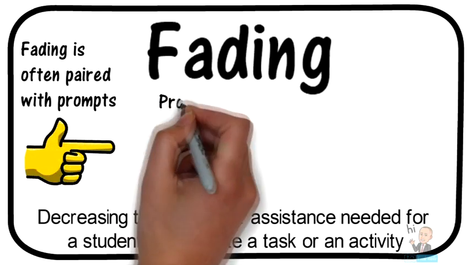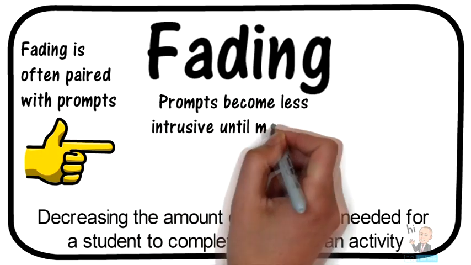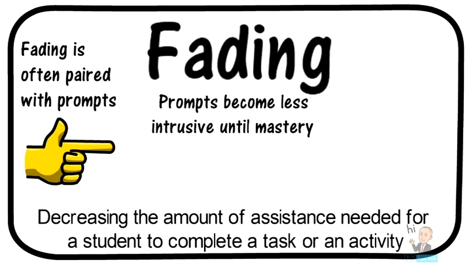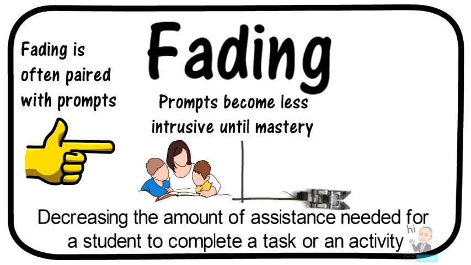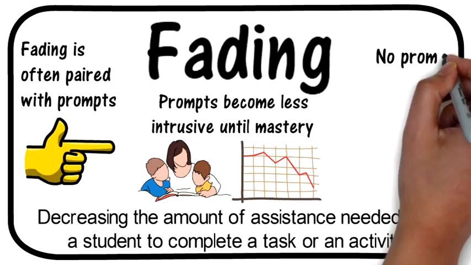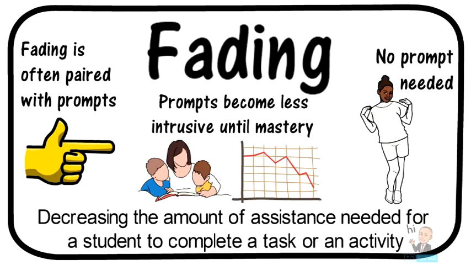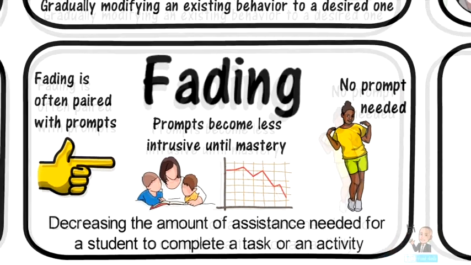The prompt becomes less and less intrusive until mastery. While teaching a child to read, initially a physical prompt is needed. At first, you may replace a more intrusive prompt with a less intrusive prompt. But the goal in mind is to have a self-sufficient student. They don't need any prompting eventually.